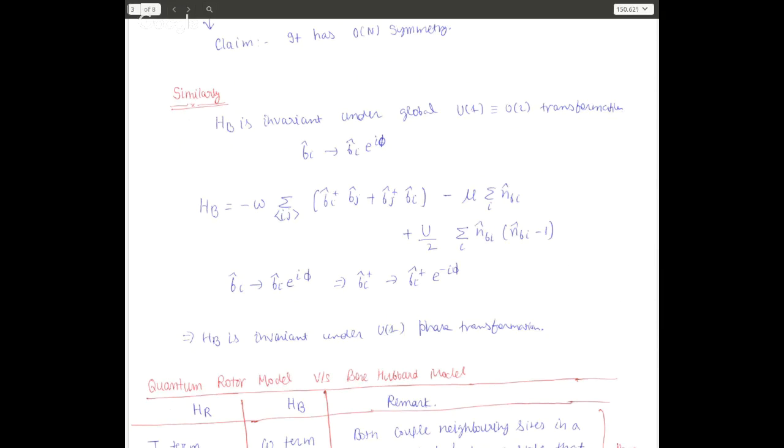But the two different phases that we get, one where the W term is dominant and one where the U term is dominant, if you do the calculation, you will find that in one of the phases this U(1) symmetry is broken, while in the other phase U(1) symmetry is respected.